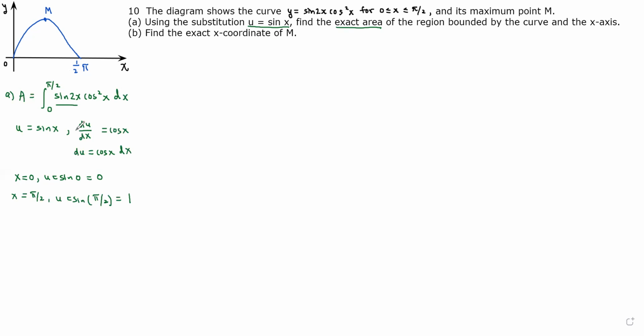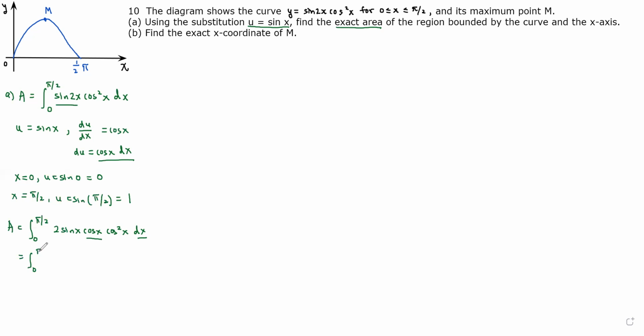And we need to change the integrand as well. Sine 2x is given by 2 sine x cos x, and we have cos square x dx. We need a cos x dx to change to du. We have a dx and cos x here.